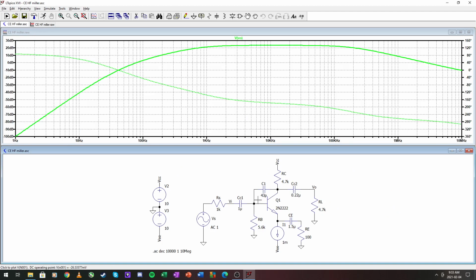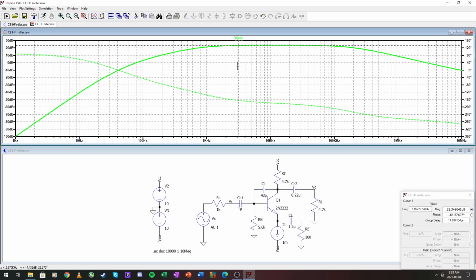And this is an attractive solution when you can't use large capacitors, so for chip implementation. Around here, and that gives us 180 kilohertz.